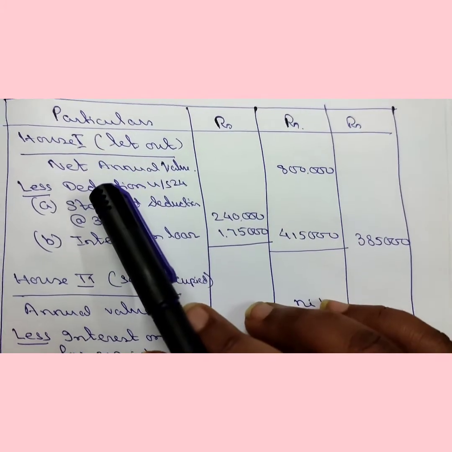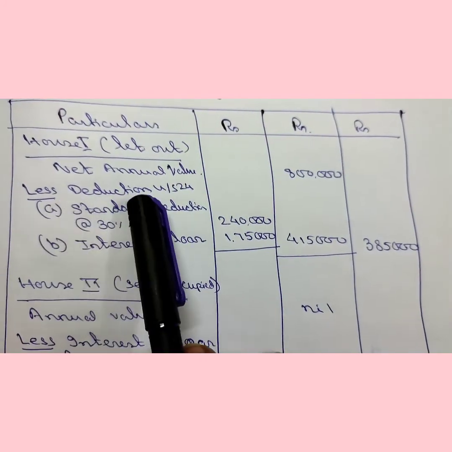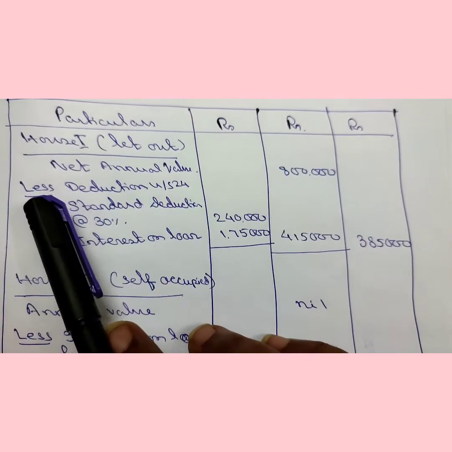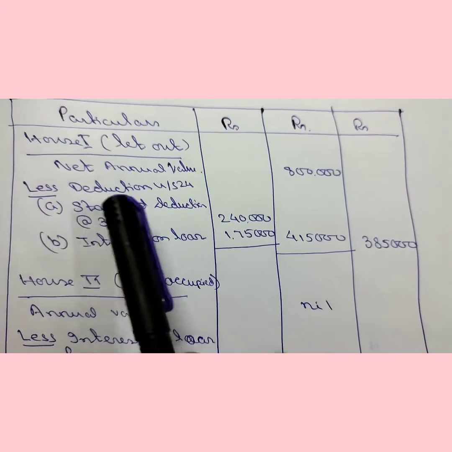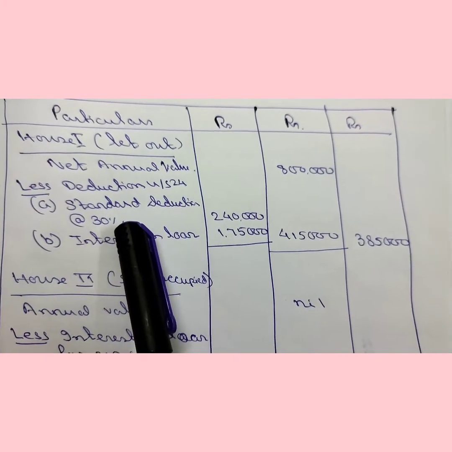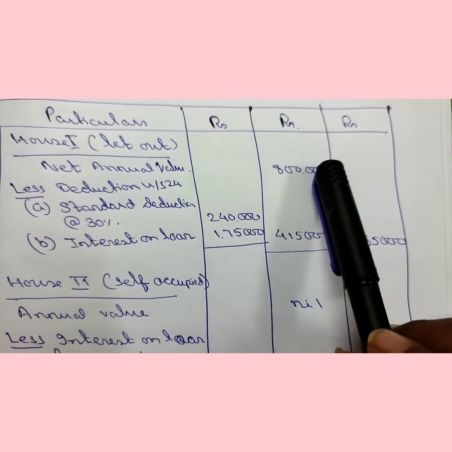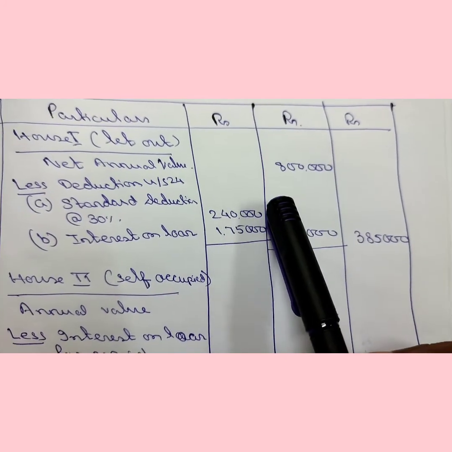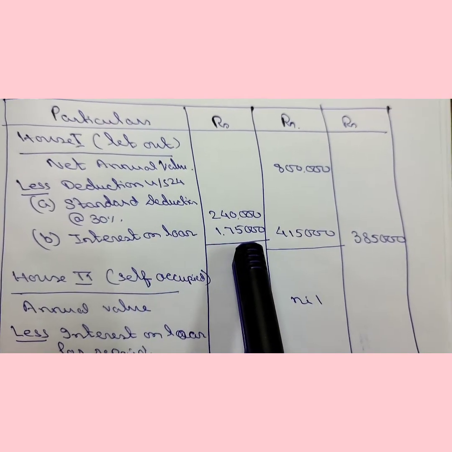From here, the person will get 2 deductions. So less deduction under section 24. A standard deduction at the rate of 30%. So annual value is 8 lakhs. 30% of 8 lakhs is 2,40,000. And interest on loan is rupees 1,75,000.